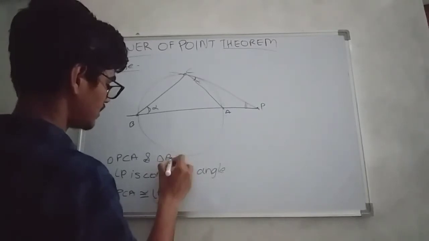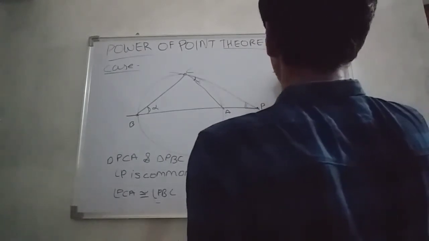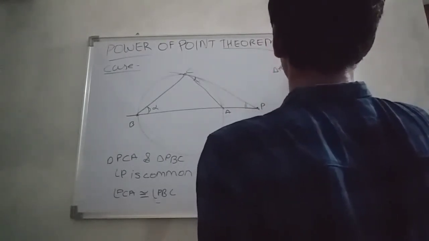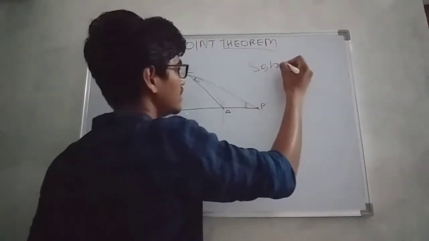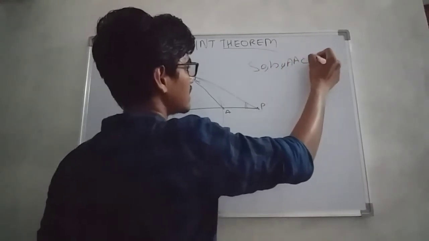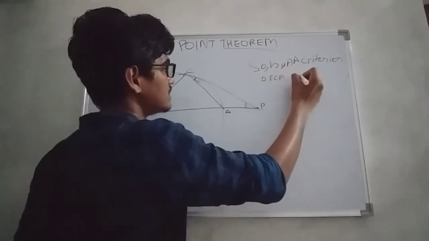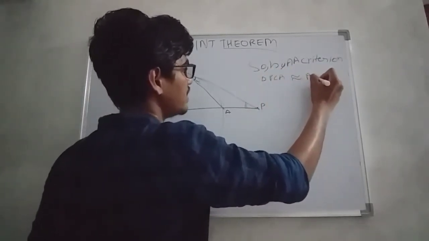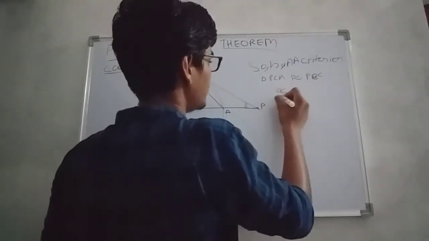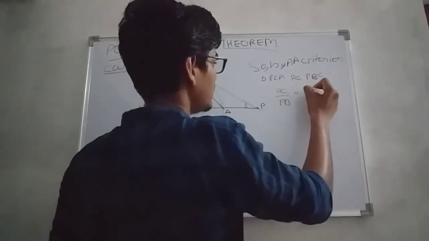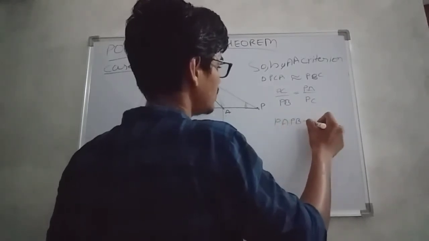By AA criterion, we proved triangle PCA is similar to triangle PBC. By taking the sides ratio constant, we can write PC by PB equal to PA by PC. Therefore, we get PA into PB equal to PC square.